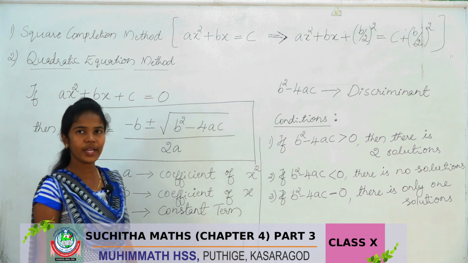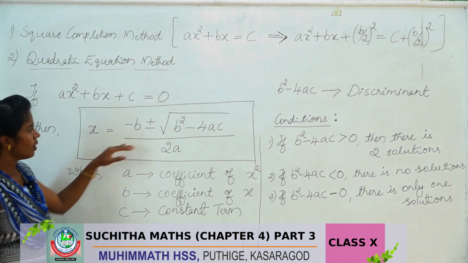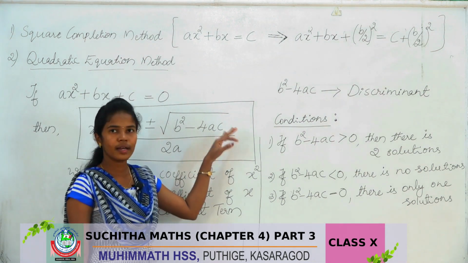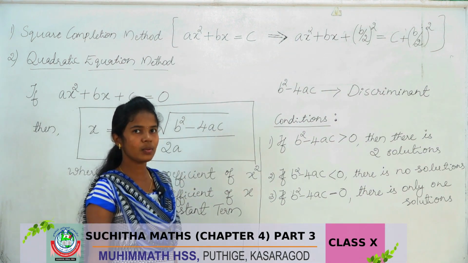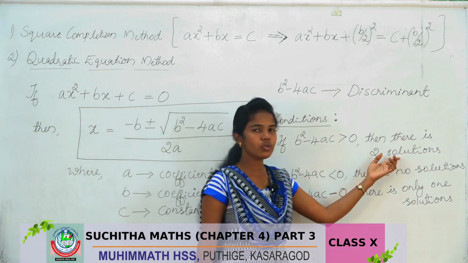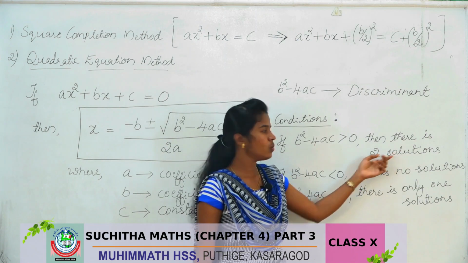Here there are three conditions. If the value of b square minus 4ac is greater than 0, meaning a positive number, then we get two solutions.